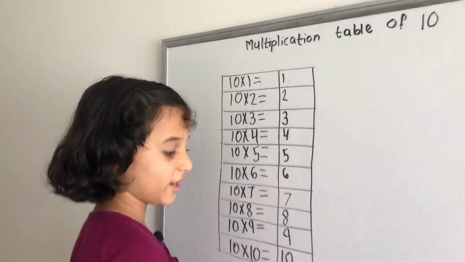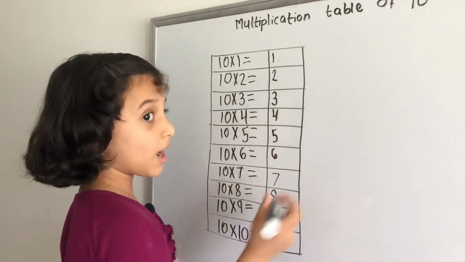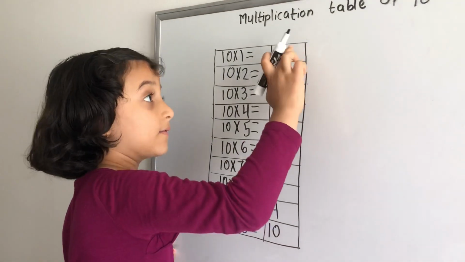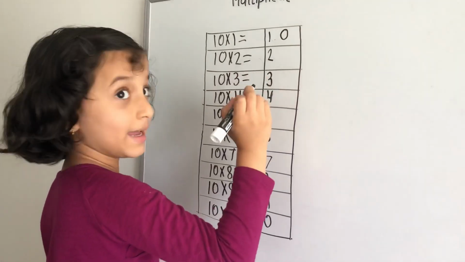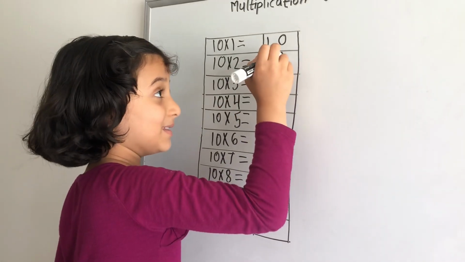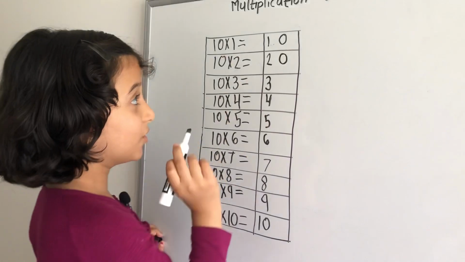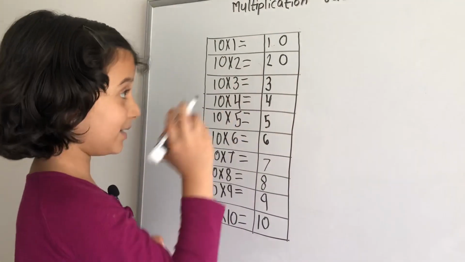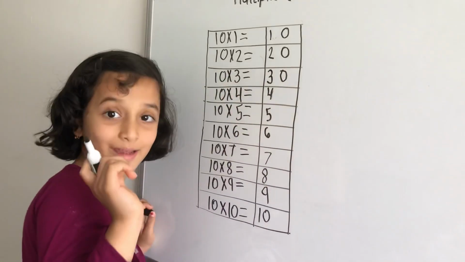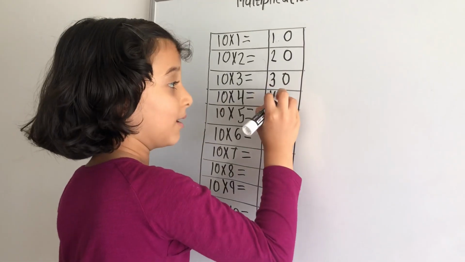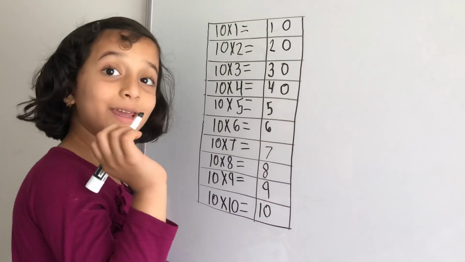Now we write all of this. Now next to it we keep 0. And then we again keep a 0. So it becomes 10 and 20. And then it becomes 30. And then it becomes 40.